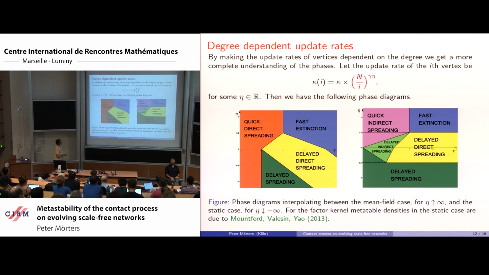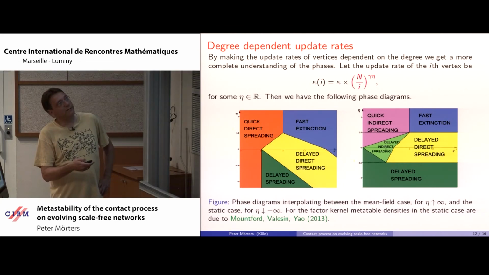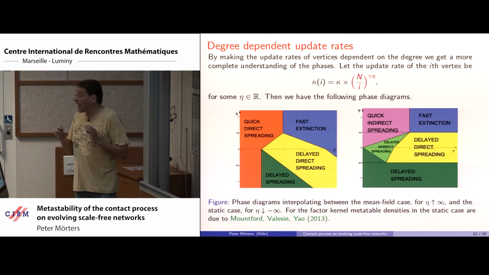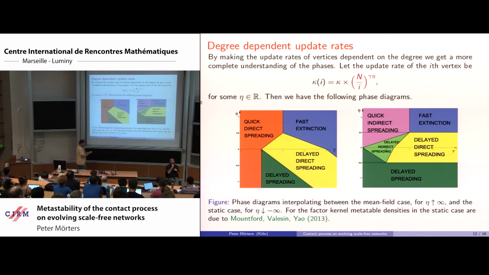Okay, so these are these phase diagrams, and as I say, what we actually prove is that for each of these phases here, there is a certain metastable exponent. And the metastable exponents, when you pass these phases, that's still continuous, but not differentiable.